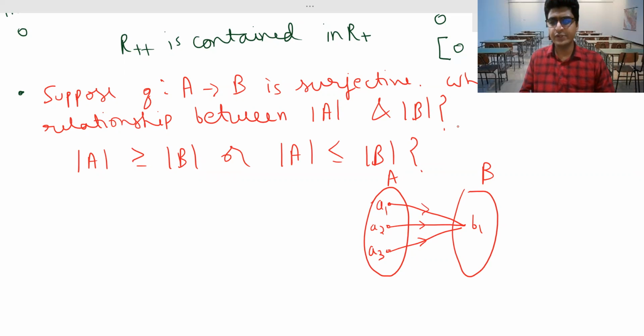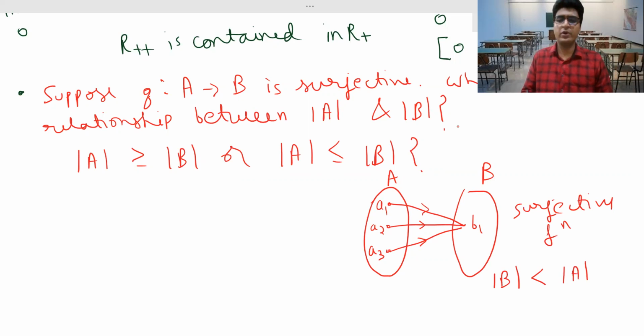Is it a surjective function? Well, each element in set B should have at least one association. B1 has 3 associations, so it is a surjective function. Which means that the number of elements in B can be less than the number of elements in set A. What about equality?